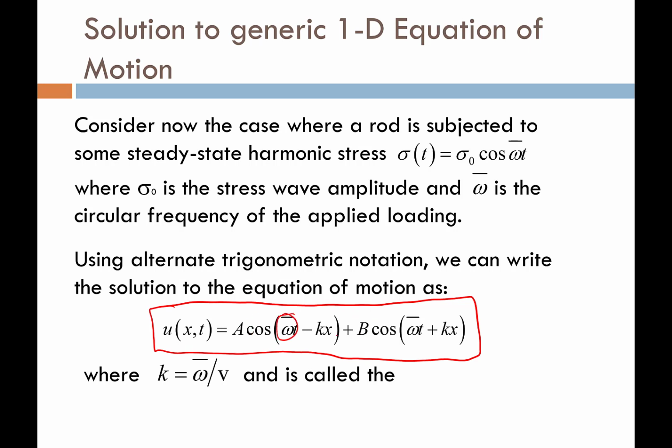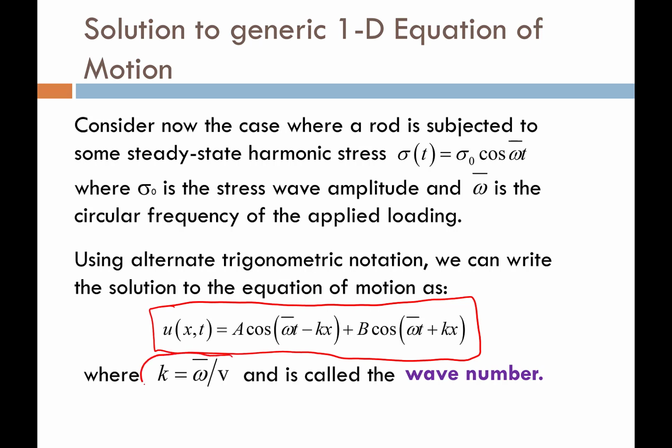They're both applied at the same circular frequency of omega bar, and we now have some sort of phase transformation in our waves that's a function of what we call k. And k is a number that we can derive. It's called the wave number.